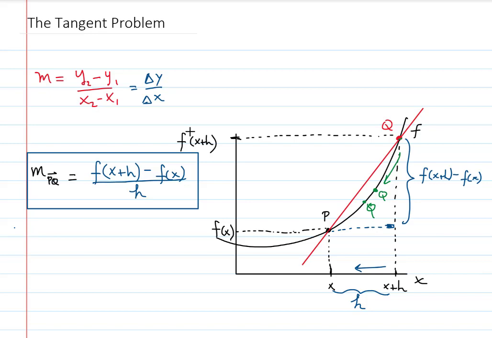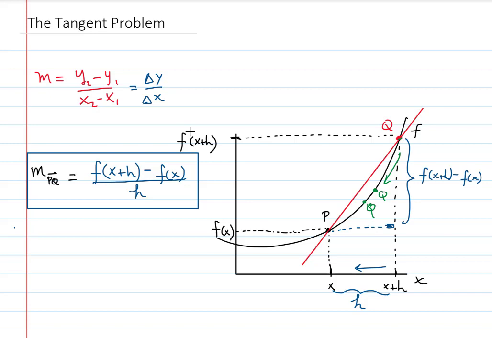In other words, it's equivalent to saying h is approaching 0. And this word approaching, we're going to use a lot once we define limits. This is the whole idea.